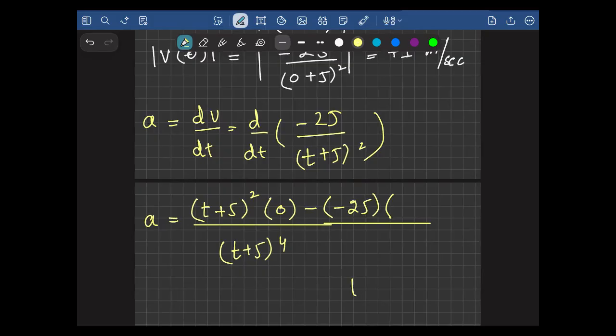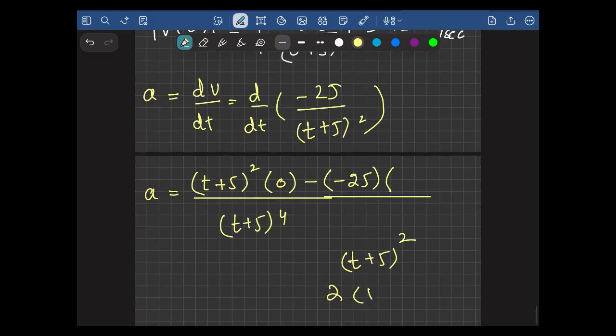The derivative function of the denominator will become 2 into t plus 5, since 2 minus 1 is 1. So 2 into t plus 5.